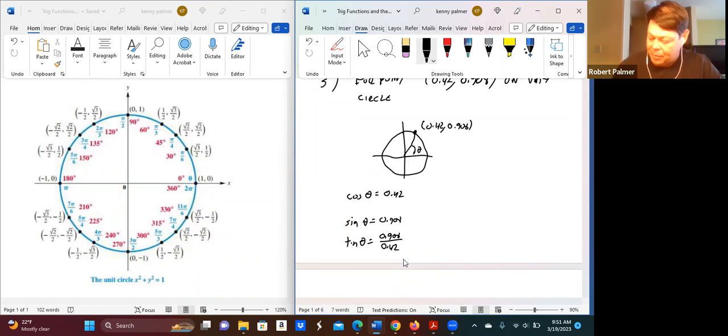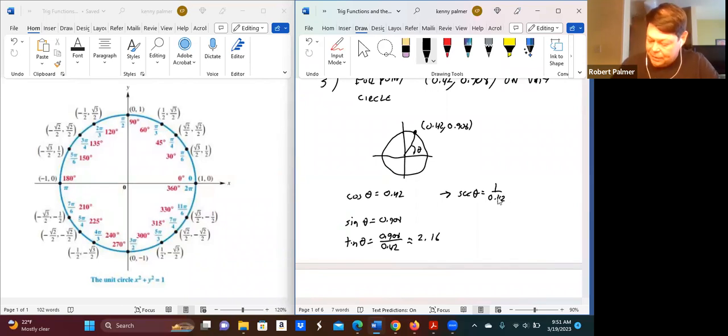And tangent, in this case, is approximately, I'll go to 2 decimal places, 2.16. I like that better. Okay. Now, if we do the reciprocals, the secant of theta is going to be 1 over 0.42.